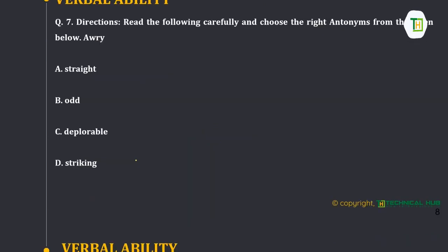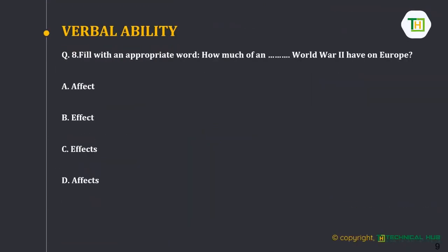Fill in with an appropriate word. How much of an dash did World War II have on Europe? Okay. For these two words, they always have some doubt. That means when we have to use affect and effect. Both look the same and we call them homonyms, and they sound the same. So when you have to use them, affect means this is the cause, and this is the result.